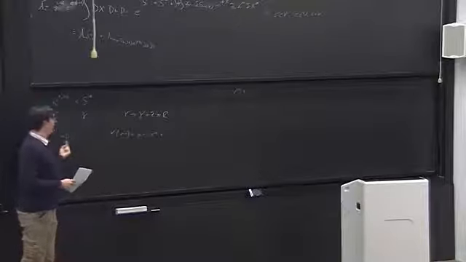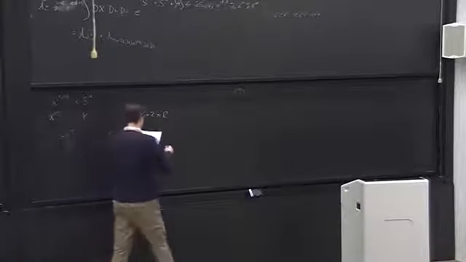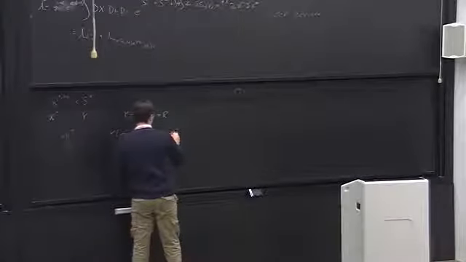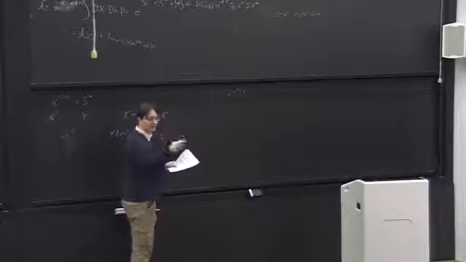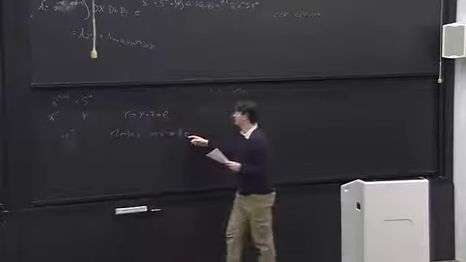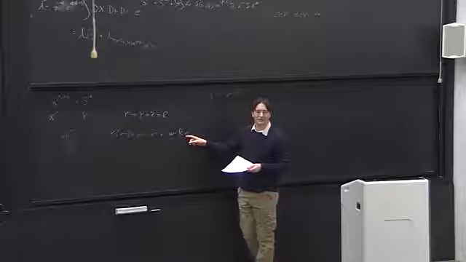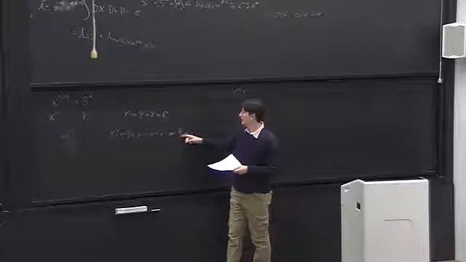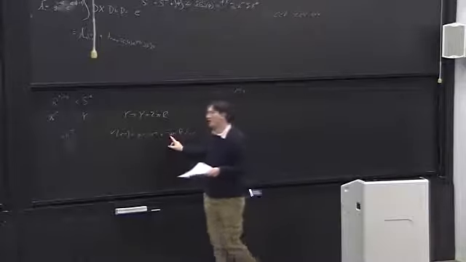Basically, it can come back to itself after a shift. So I need to allow the possibility that the scalar field will have some winding around the cylinder. This way, if sigma goes to sigma plus 2 pi, the scalar field goes to itself plus 2 pi R times w. So I want w to be an integer.